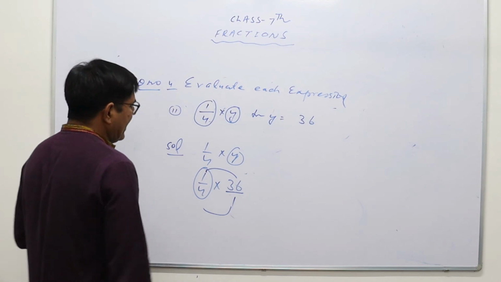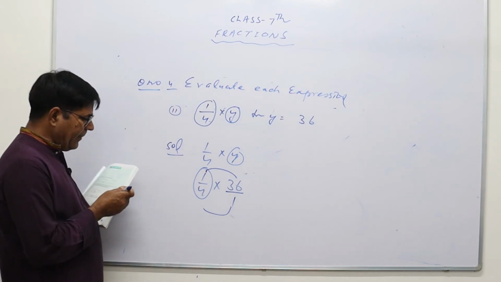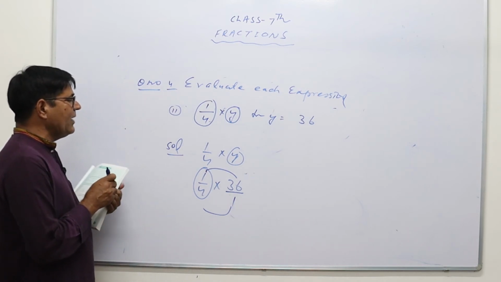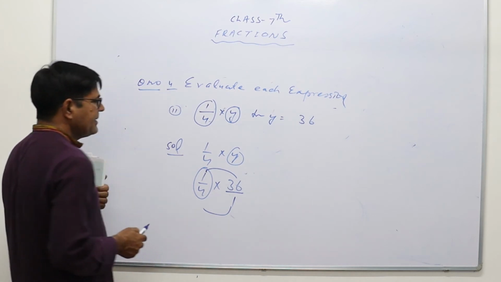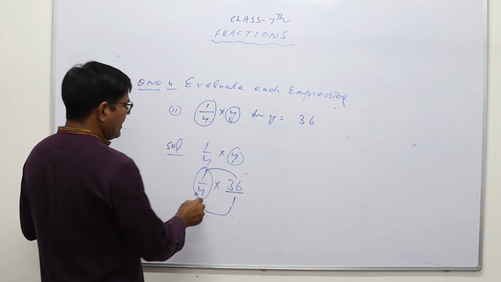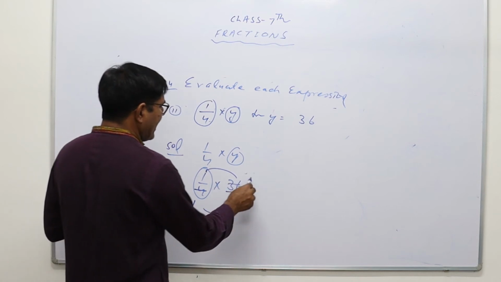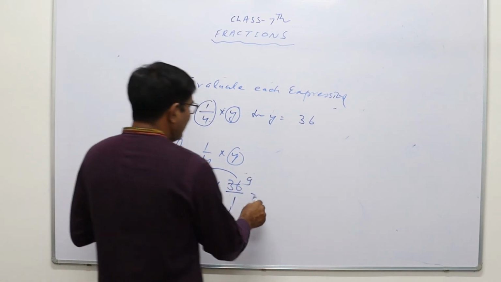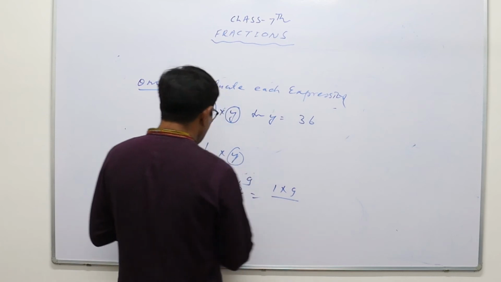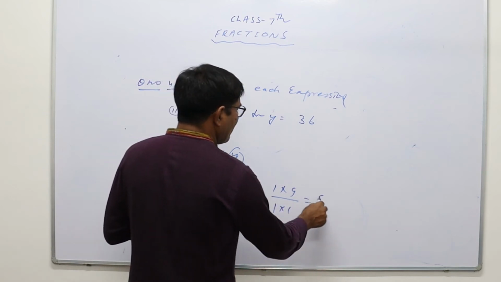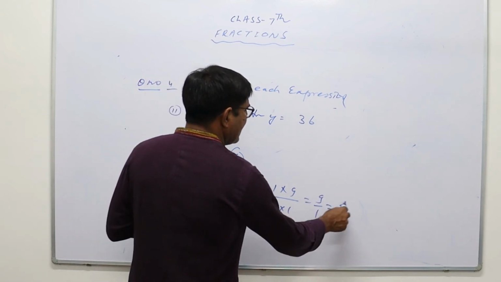Or before multiplication, if in numerator and denominator there is a common factor, then you can simplify it. So here 4 ones are 4 and 4 nines are 36. So the numerator will be 1 into 9 and the denominator will be 1 into 1. So the answer will be 9 upon 1, that is 9.